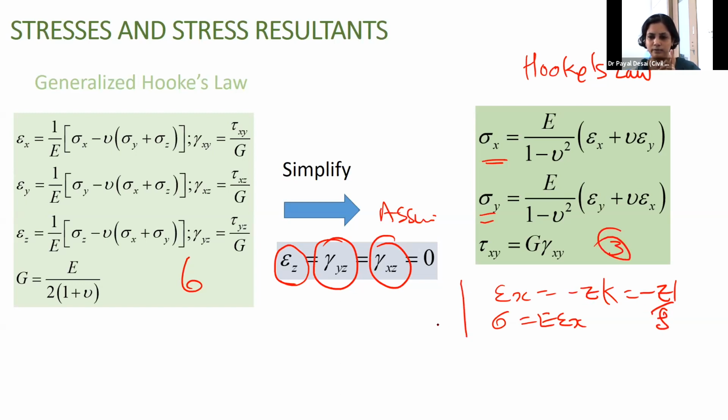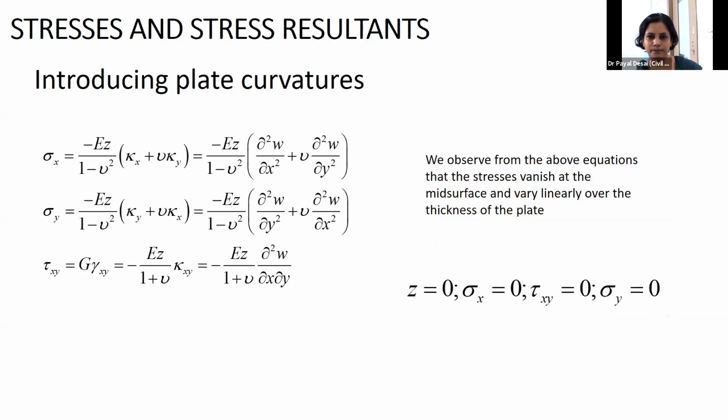So this is about beam, but this is about plate. This is Hooke's law, and the strain relation we have already seen. So I will compare both side by side for a proper comparison of how the development of the equations happens in case of plate theory.